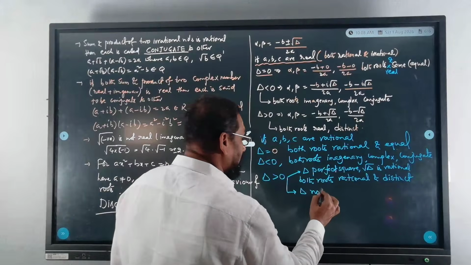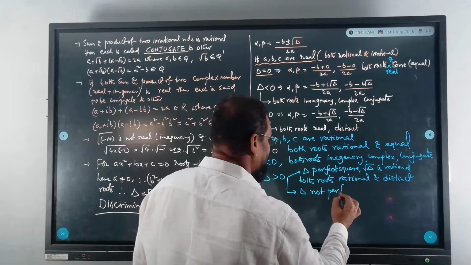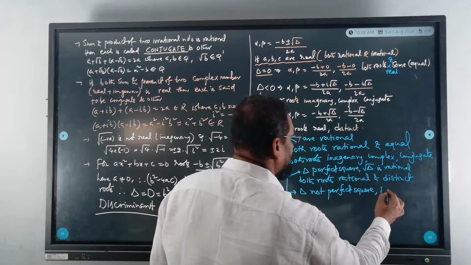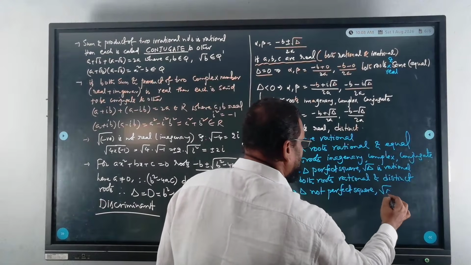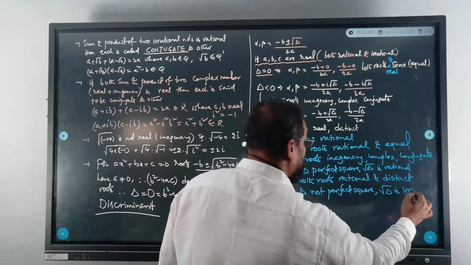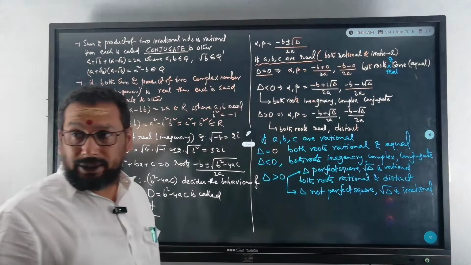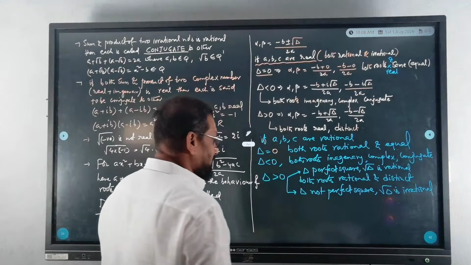Delta not a perfect square: then root delta is irrational, the square root does not exist as a rational number, so it is irrational.